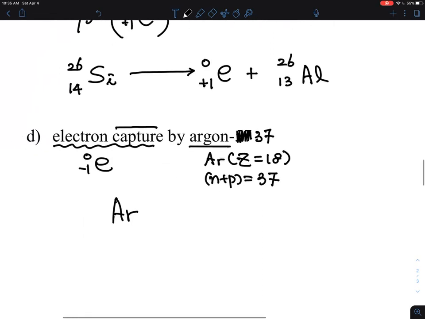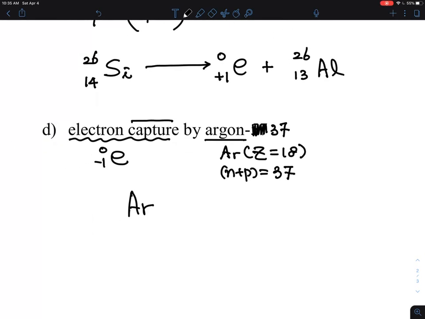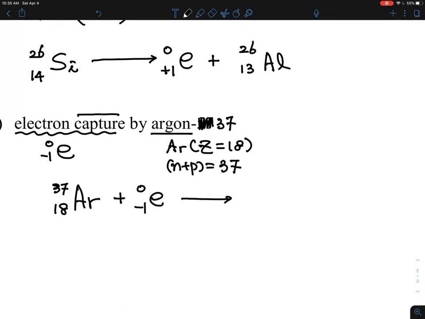Electron capture means argon, which is atomic number 18, and total mass is 37, is going to react and capture the electron, -1 and 0. Then you will see that 18 minus 1 is 17, and 37 plus 0 is 37.